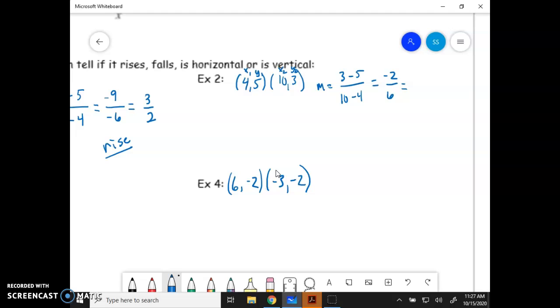Go ahead and reduce this fraction. We have -1/3. Because this is negative, that means this is a slope going downwards. So this is going to fall.